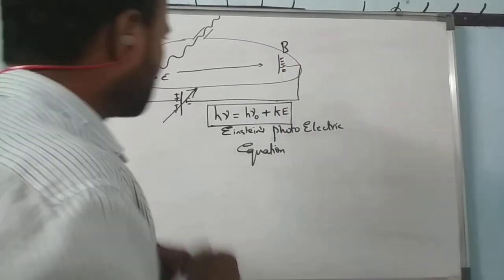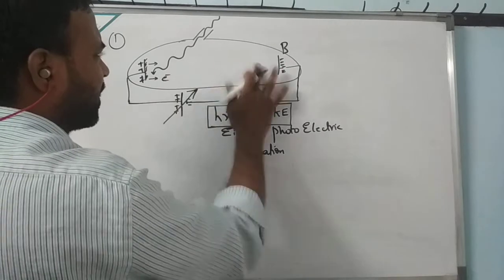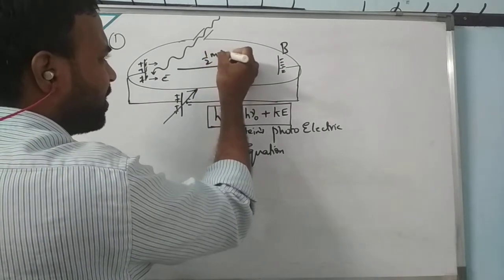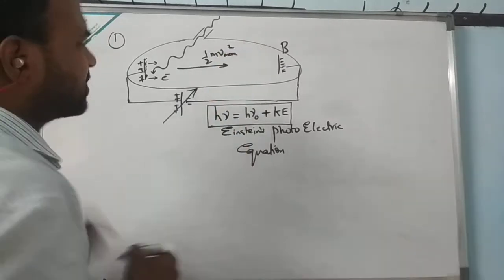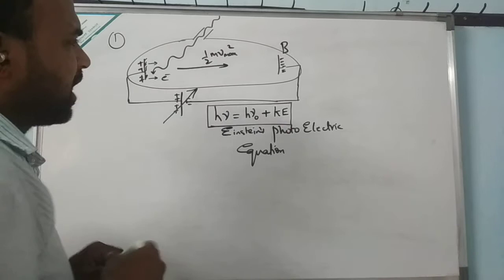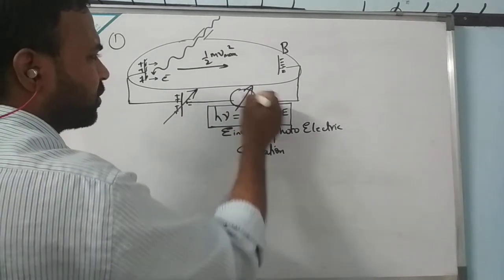Why? Because you are applying a repulsive potential difference, so the fastest moving electron, with half m v max square, will be momentarily stopped, and then there will be no current registered in the galvanometer or the ammeter.